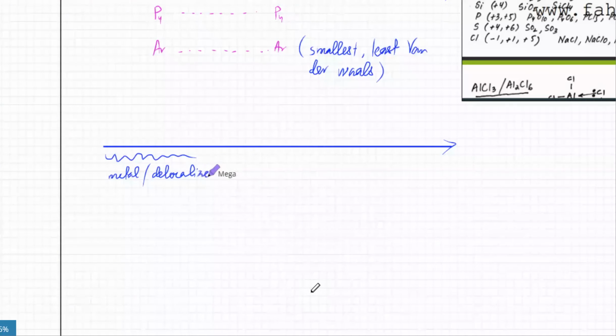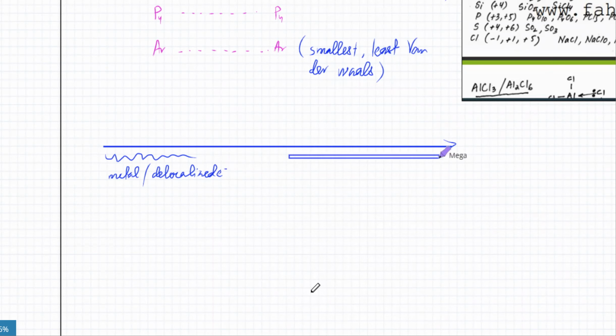Is that clear? Yes, sir. But the ones on the right side hold on to the electrons very strongly, which is why they're very poor conductors, because they're not going to lose their electrons that easily. Is that clear? Yes, sir.